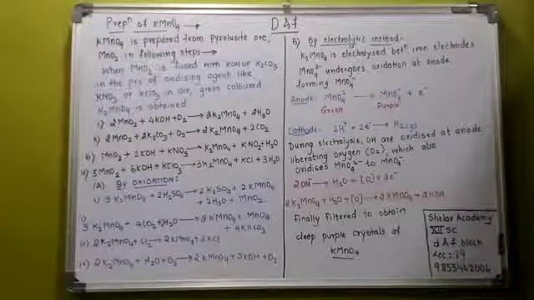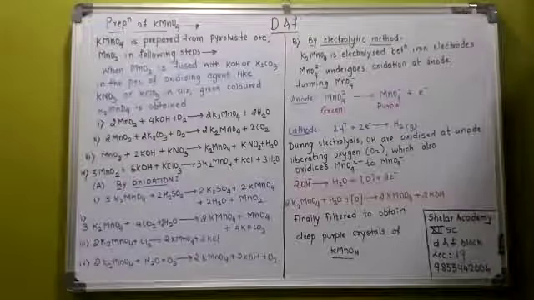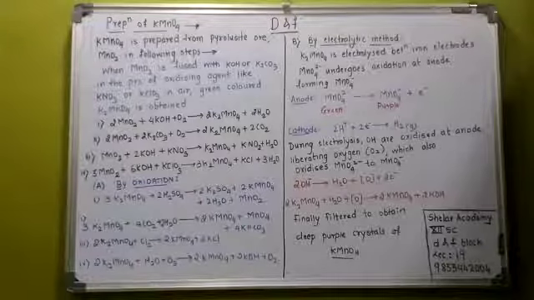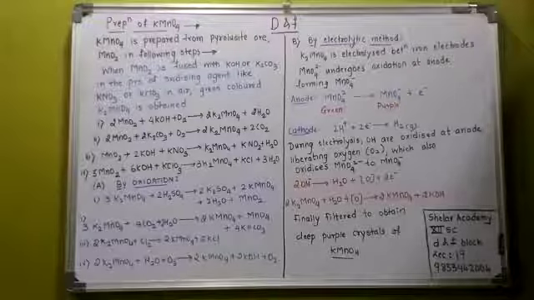So finally it is filtered to obtain the deep blue purple colored KMnO4. So that is all regarding the method of preparation of KMnO4. In the next lecture, we start with the reactions of KMnO4.